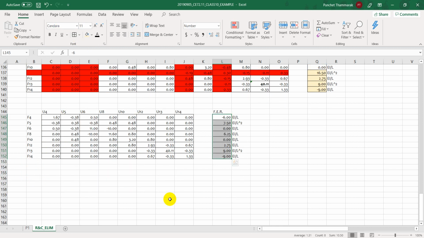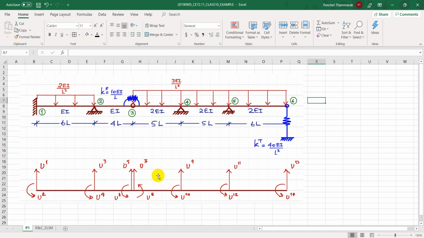Fixed end reaction. Is there any applied force or moment at the nodal point at the degree of freedom? No. We don't have a point force or point moment applied over here.